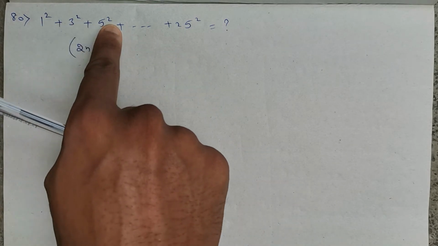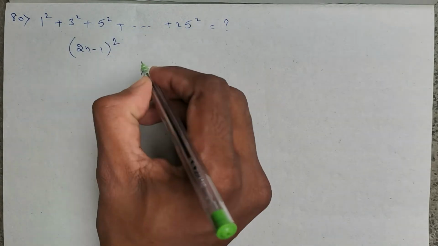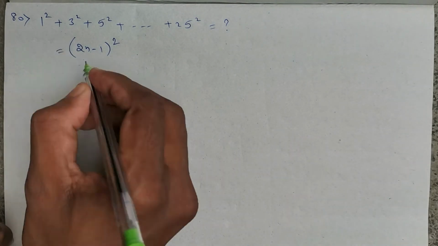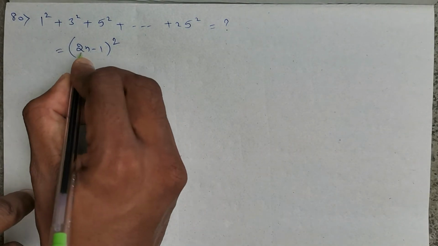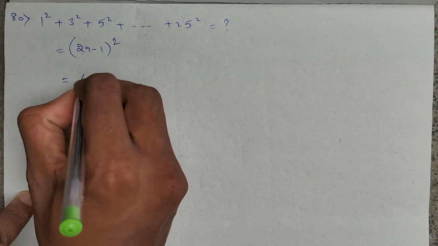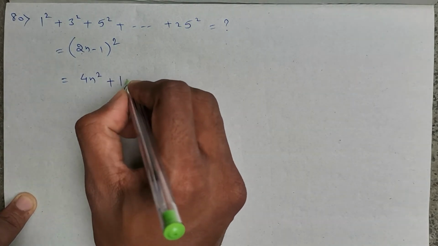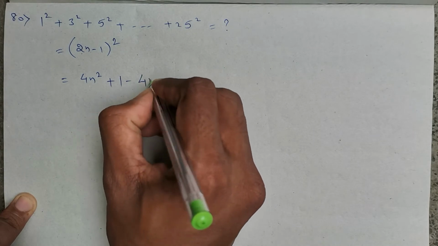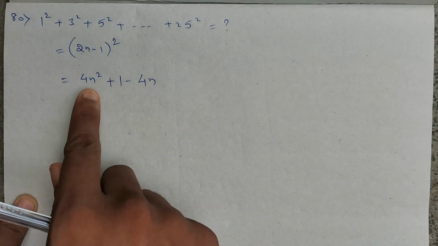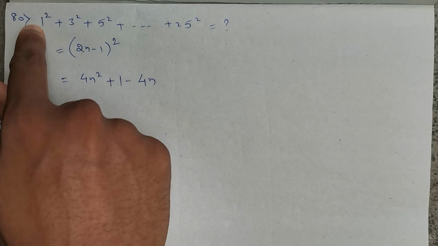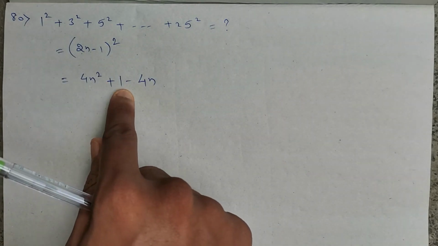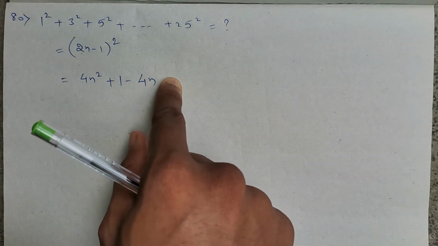For every term square we are doing, so 2n minus 1 whole square. I will simplify this. So a minus b whole square formula. So we get a square, that is 4n square, plus b square, 1 square, 1, minus 2 into a into b, that is 4n. So the general form of the given series is 4n square plus 1 minus 4n.